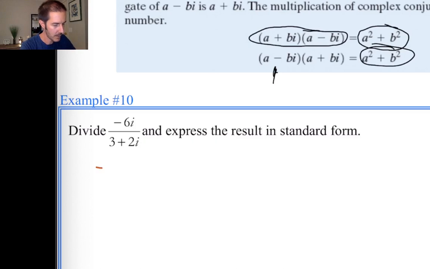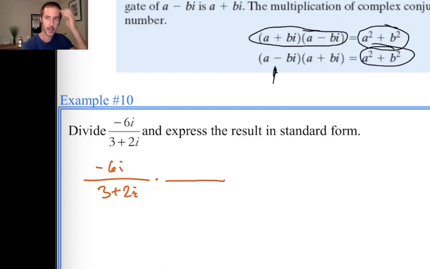I'm going to take the negative 6i over 3 plus 2i, and I'm going to multiply it by a fraction. The value of this fraction, here it is equal to 1. Multiplication by 1 doesn't change the value of the given expression, but it's going to change what it looks like.